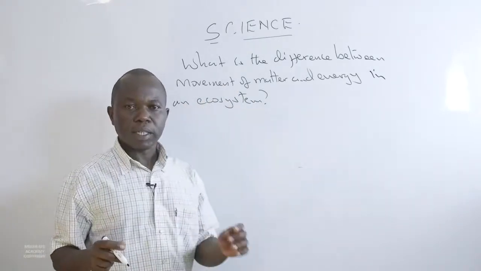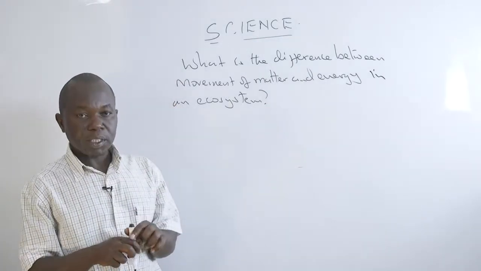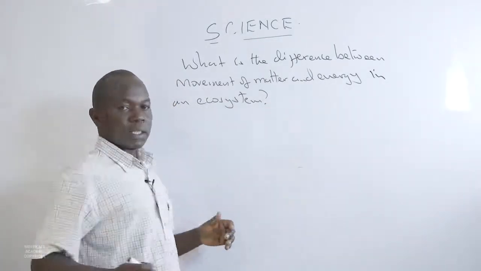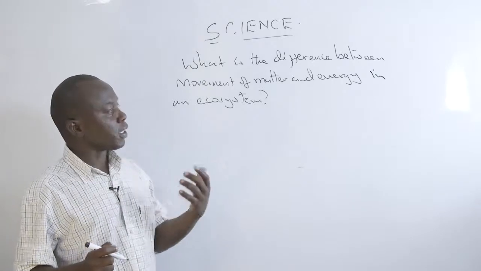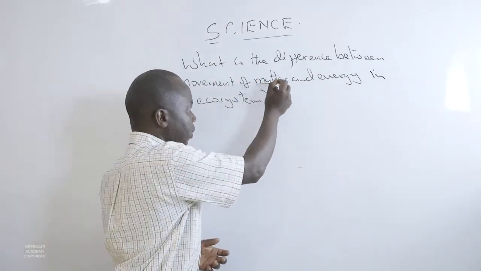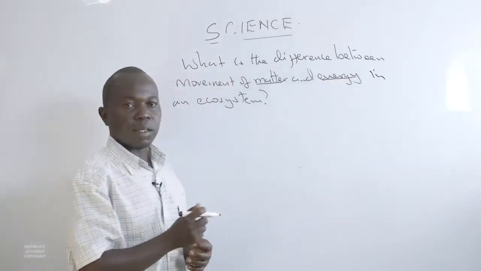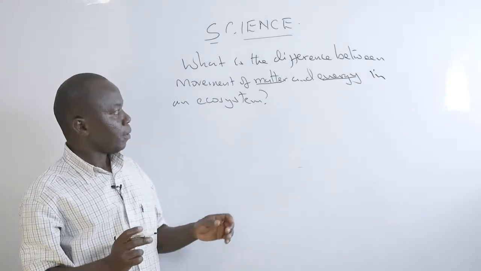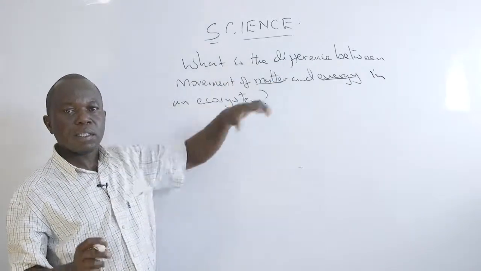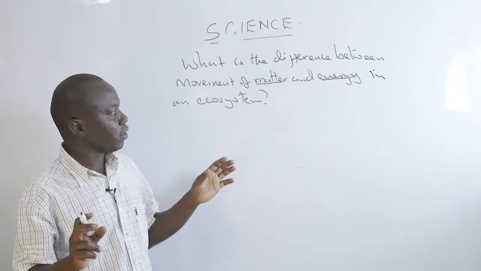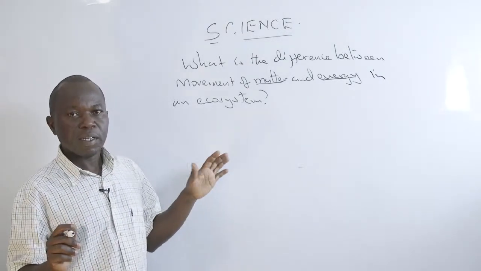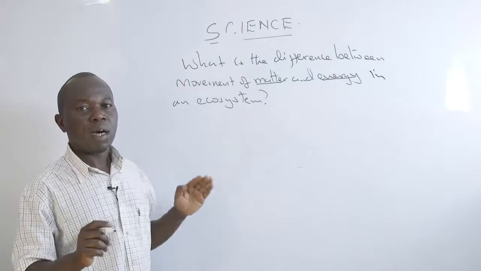Now, you may recall that we have two important materials in the ecosystem that must be present to sustain life. We said we must have matter and we must have energy. But their presence in the ecosystem is not enough. They must be able to move.